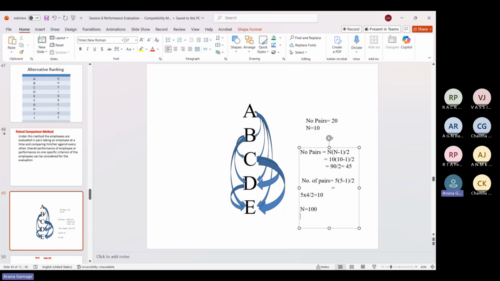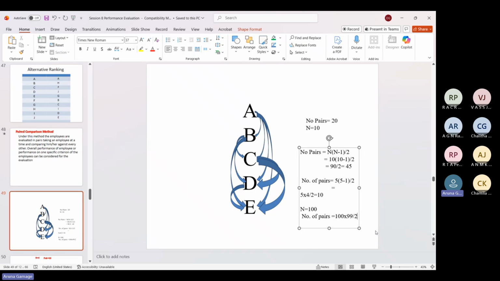Suppose n equals 100. So what is the answer? Number of pairs equals 100 into 100 minus 1, which is 99, divided by 2.